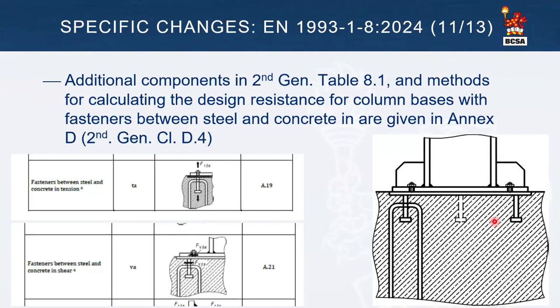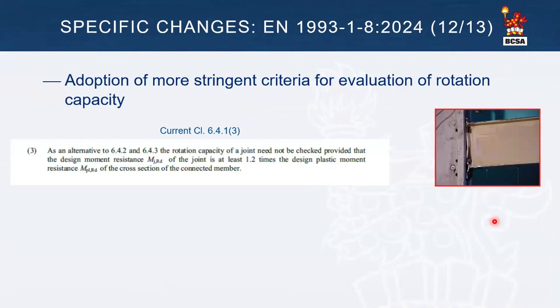Let me just say that this detail of base plates is not commonly used in the UK, and these components will be only referred to in design of column bases in Annex D4. This is a completely separate section from the design of column bases with anchor plates, anchor bolts, which is Annex D3. The requirements are completely separated, so I don't think you will find any significant differences to what you are used to doing.